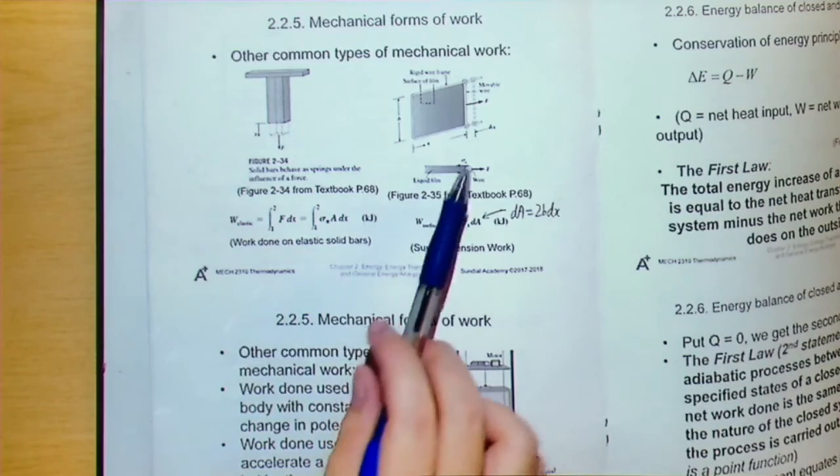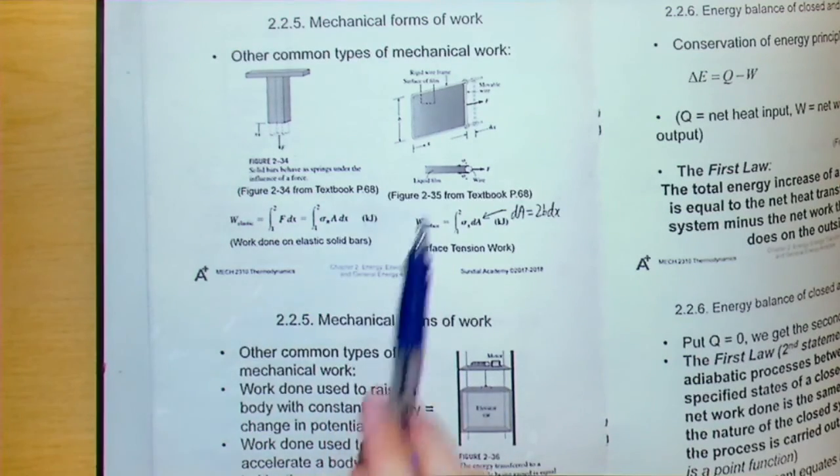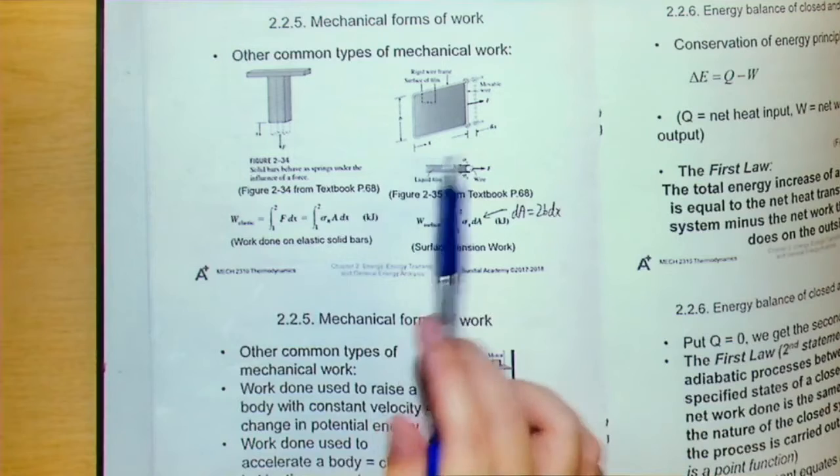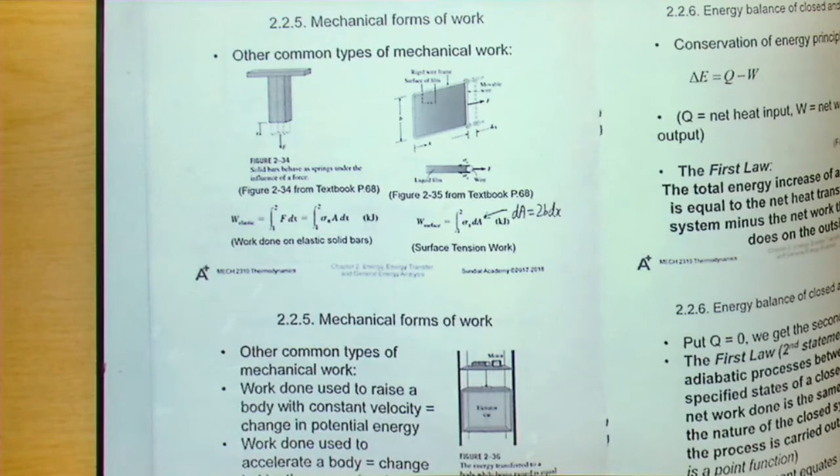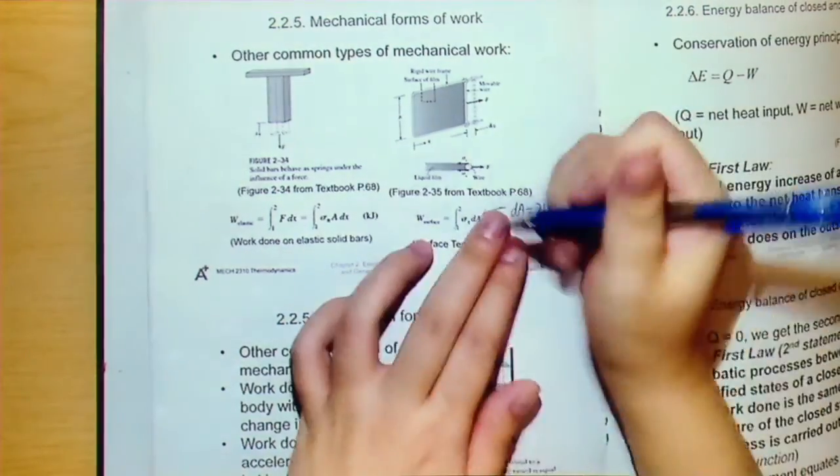Here, the dA should be equal to 2b dx. Okay? Why 2b dx? Because in this liquid film, there will be two surfaces exposed to air. So 2b dx. Okay? But during a simple force balance, because there is negligible acceleration, then we will have F equal to 2b sigma s. Okay?